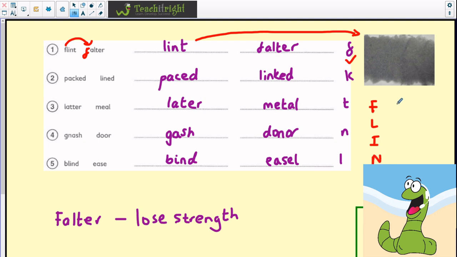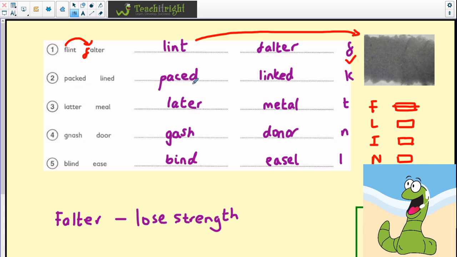So if we've got flint here, and then we'd have a series of boxes, and we'll be practicing this in block 6. It will be a case of choosing one of those letters. If there's a 6-letter word, they'll only put the first 5 letters, so it rules out one of those letters for you. So in this one we're taking the F away, so the answer would be F, and you record that with a horizontal line.